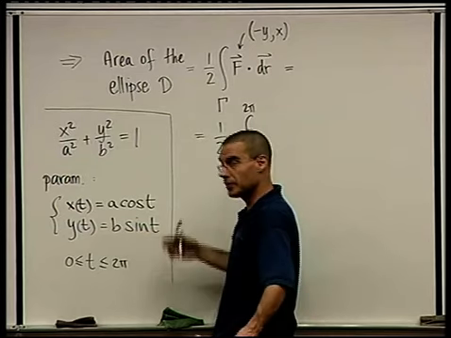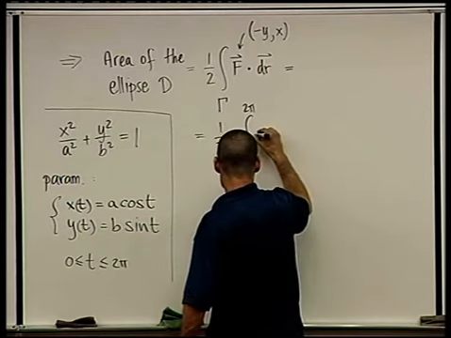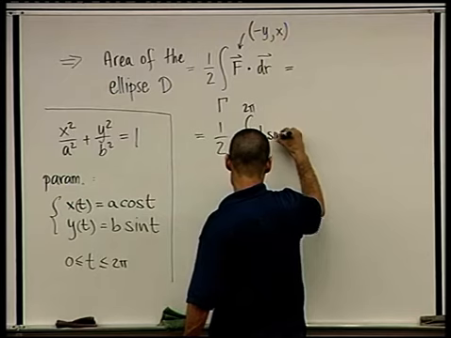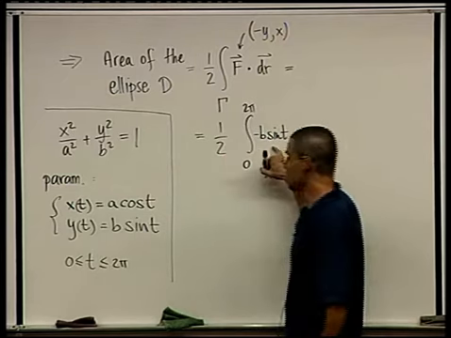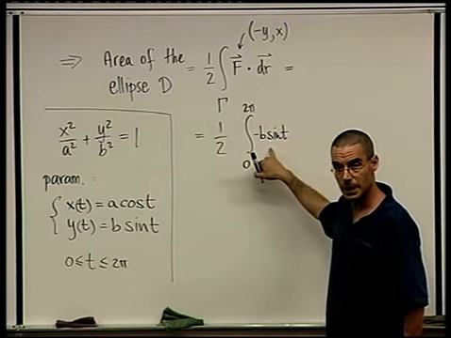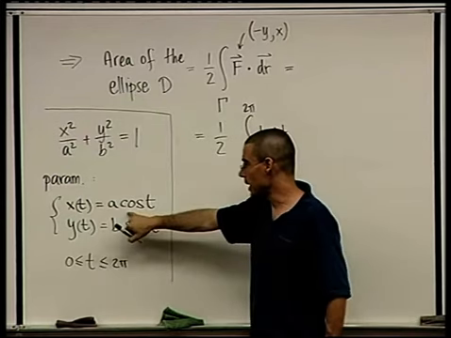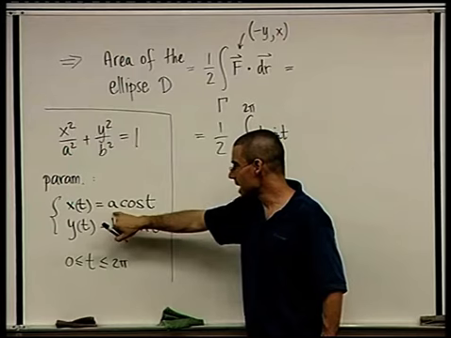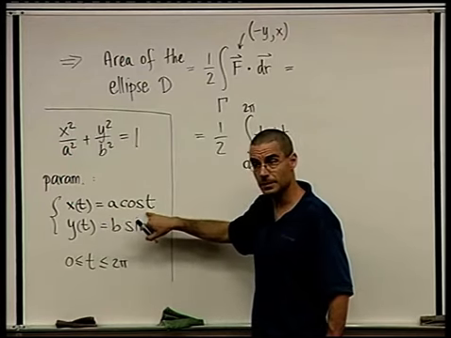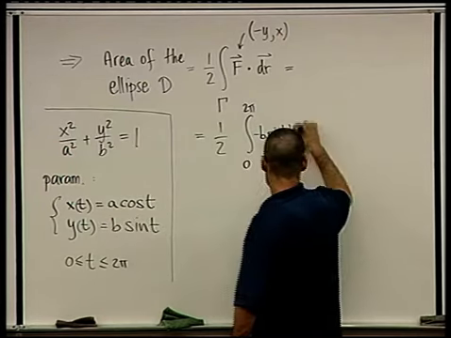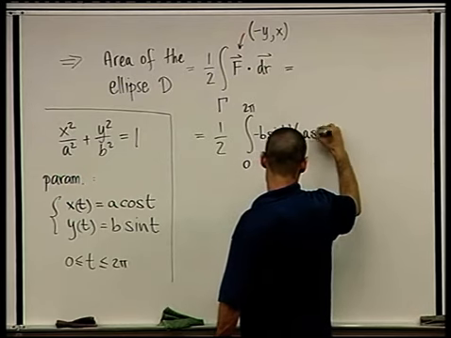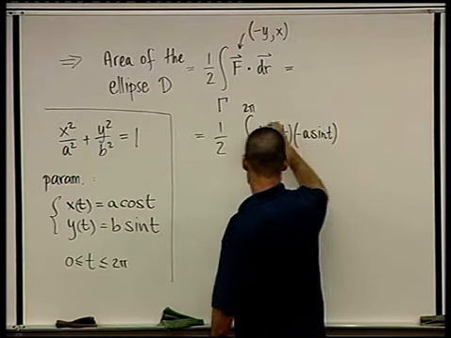So P of x and y is just minus b sine of t. Do you agree that this is P? Times x prime. What is x prime? Minus a sine of t.